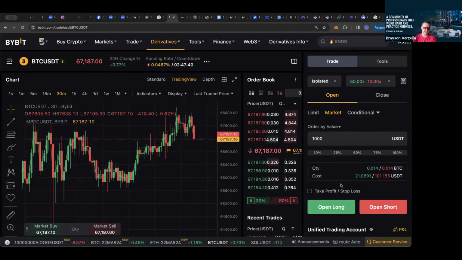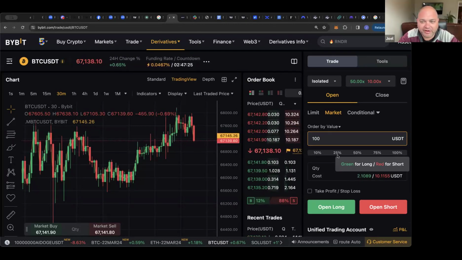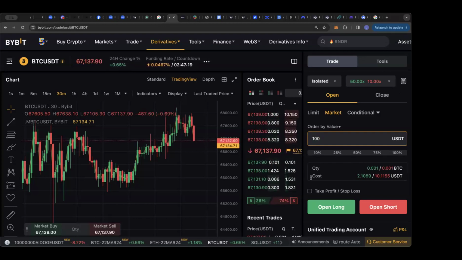Like you've sent $5,000 to Bybit and you want to enter this trade. If that number is only $5, you're probably not going to make that much, even if you're on like 100x leverage. Even 200% of a $2 long is $4, or $6.